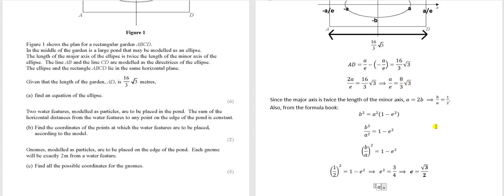I'm going to come back to say that A over E is equal to 8 over 3 root 3. That's now going to give me A times 2 over root 3. That's the reciprocal of E. That's equal to 8 over 3 root 3.